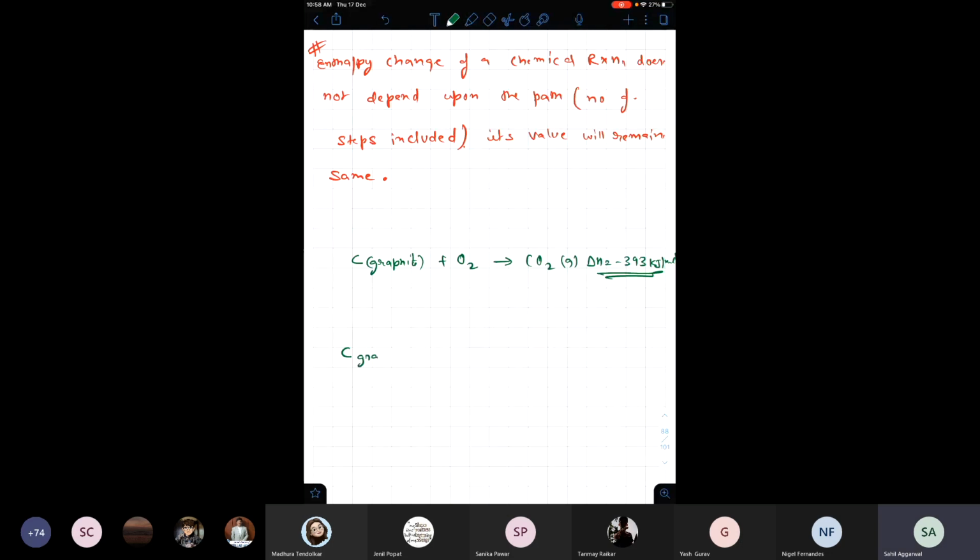C of graphite plus half O2 gives CO, delta H as minus 110. CO plus half O2 gives CO2, delta H as minus 283 kilojoule.